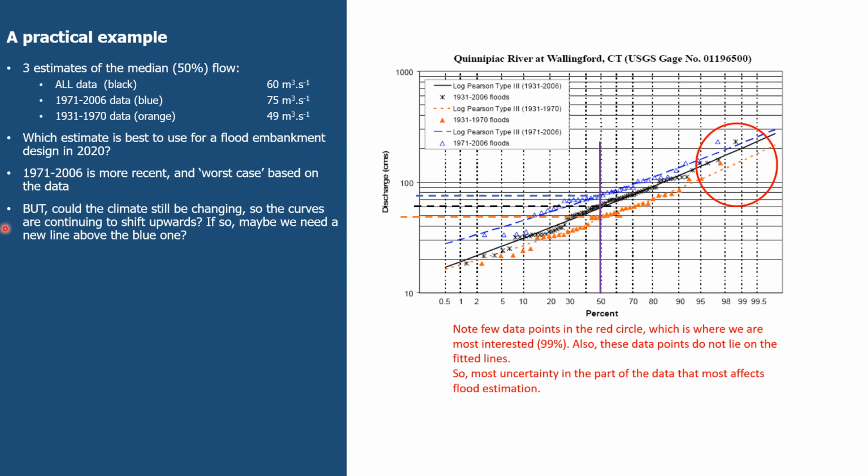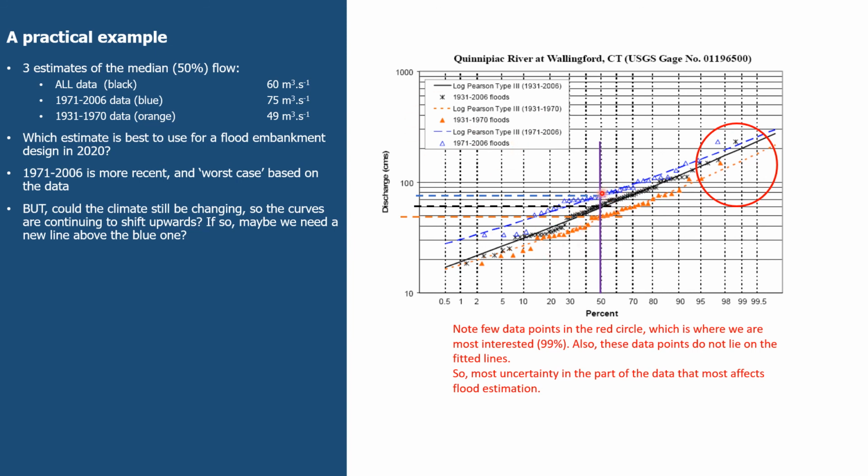The issue, though, is maybe the climate is changing and maybe these curves are shifting upwards. If so, maybe to design a flood embankment for the next 100 years, maybe we actually need to go above this. Maybe things are going to get even worse in future. So it's quite difficult to know when you've got non-stationary data that seem to have a trend and seem to have a change in pattern in around about 1970.